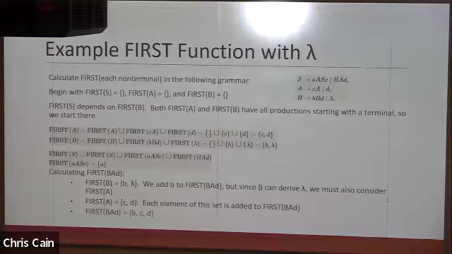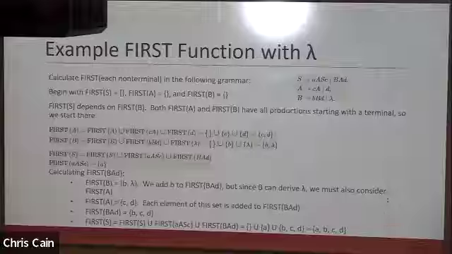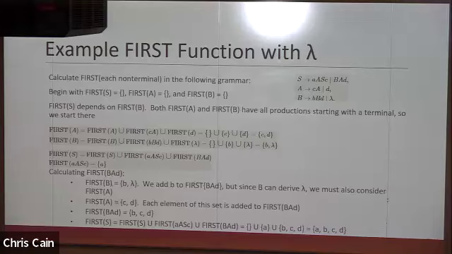So first of BAD is B, C, and D. Now we can redefine first of S as the empty set, union the first of A, capital S, C, union the first of BAD, which was B, C, and D, which gives us the set of everything, A, B, C, and D, as our first of S.